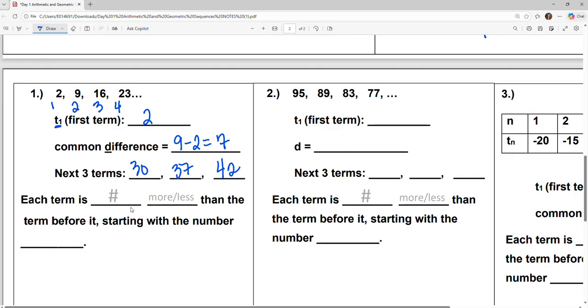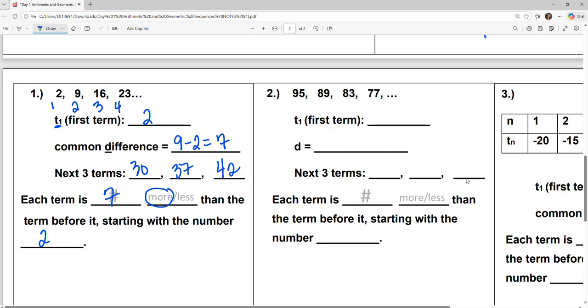Okay. Each number is 7 more than the term before it, starting with the number 2. That's how we're filling out that sentence. Okay, I'm going to pause.